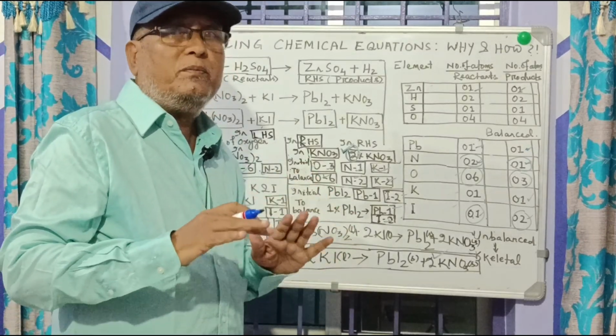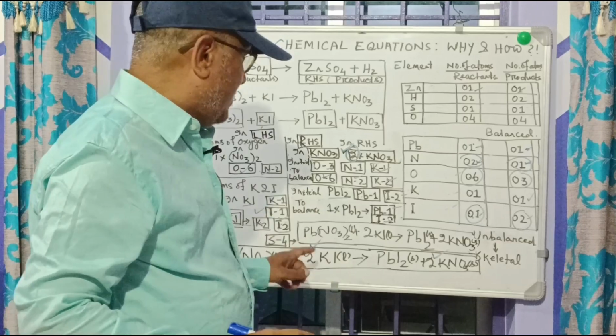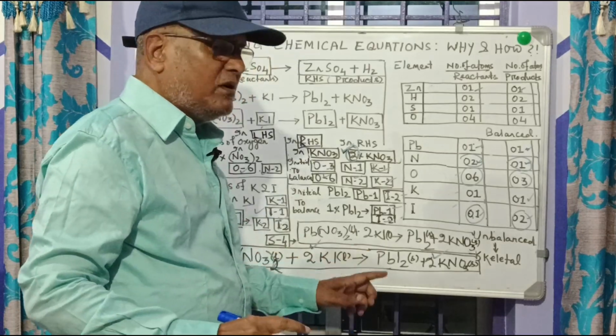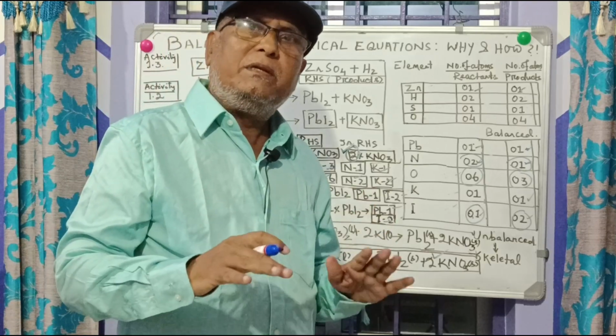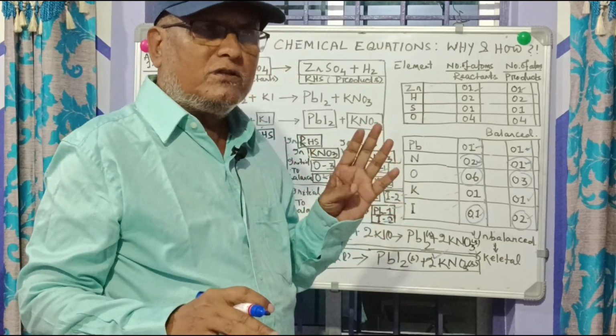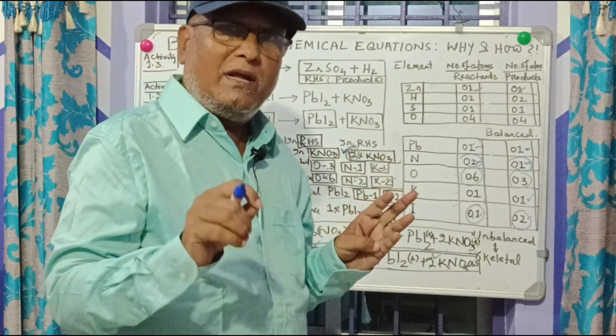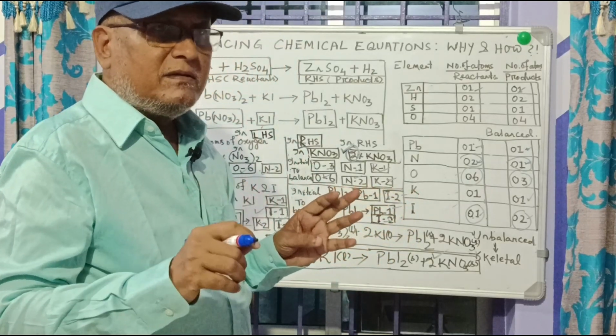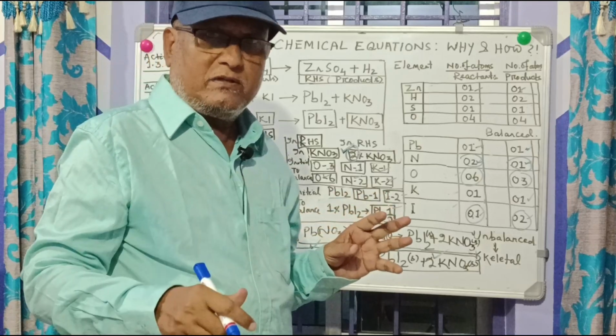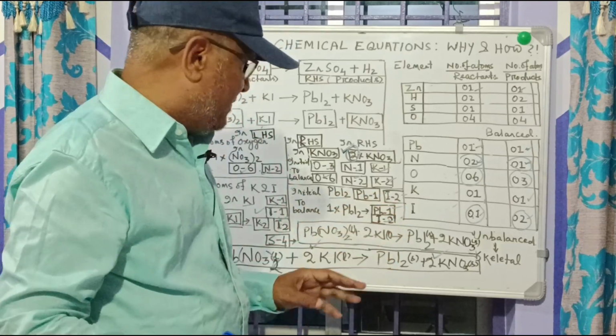Here is another thing, don't forget. The reactants and products should be written with their physical states. That is solid denoted by small s, liquid small l, gas small g, and aqueous small a and q.